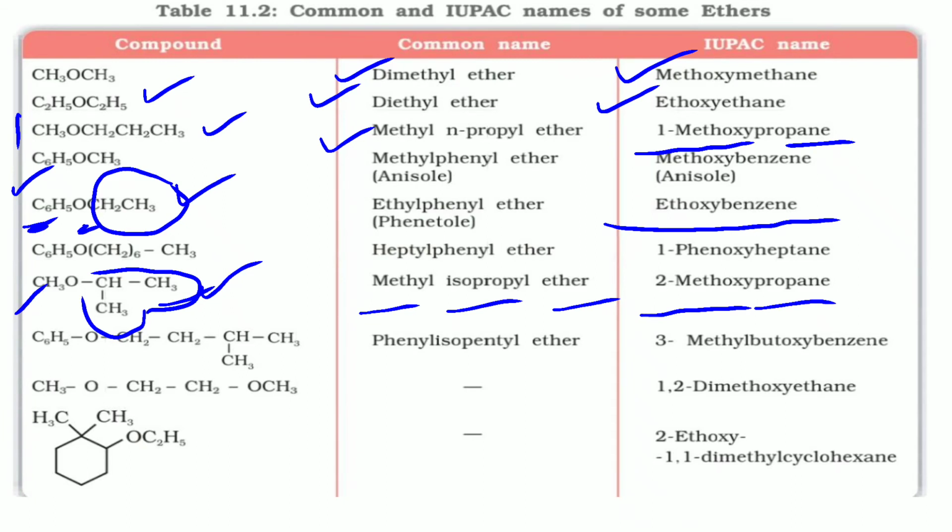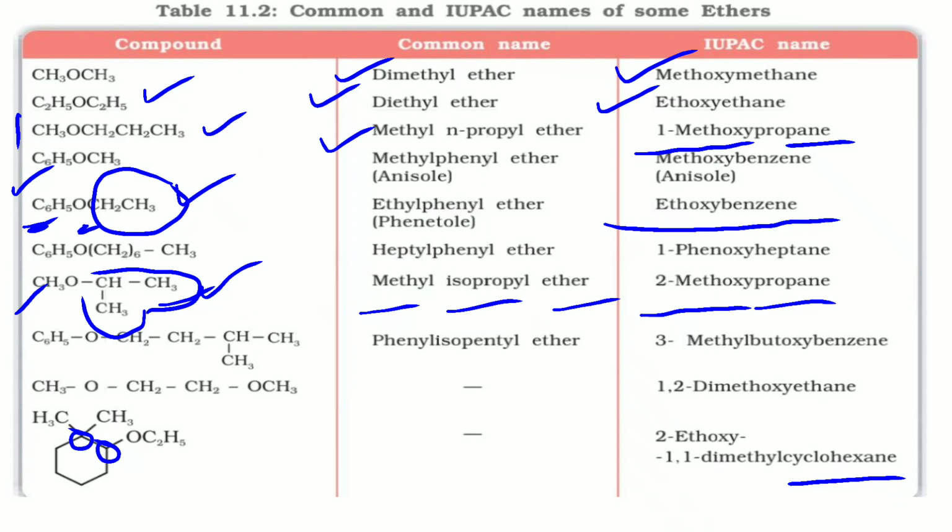Similarly, here you can see this is cyclohexane. First, you have to identify cyclohexane. In cyclohexane, the first carbon by which the functional group is attached will be the first carbon, and the next carbon over which the methyl group is attached is the second carbon.